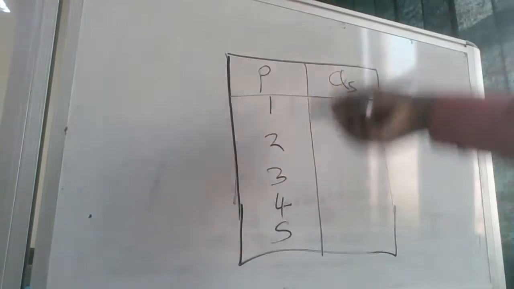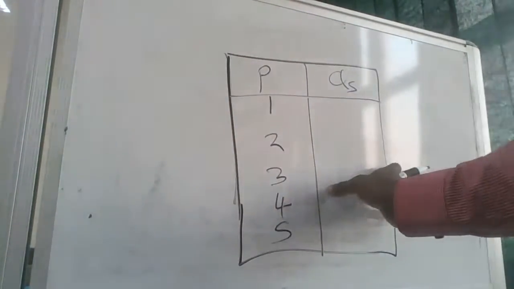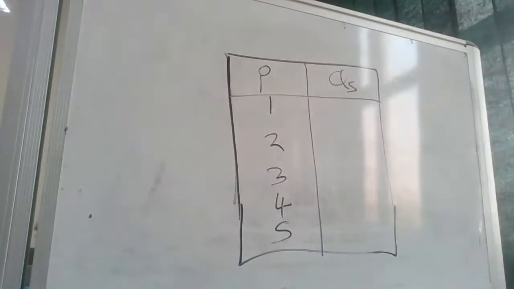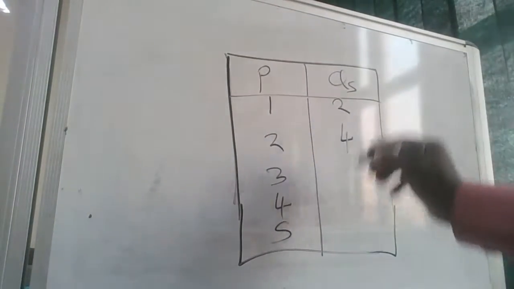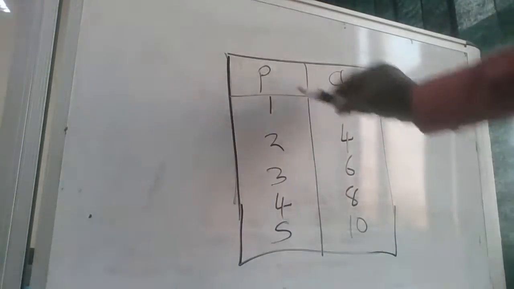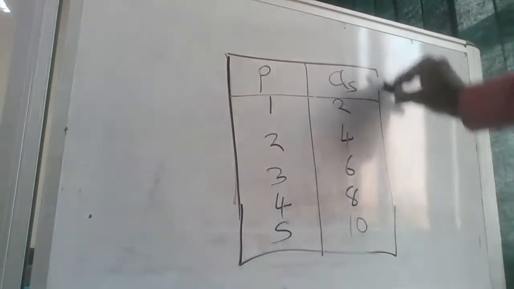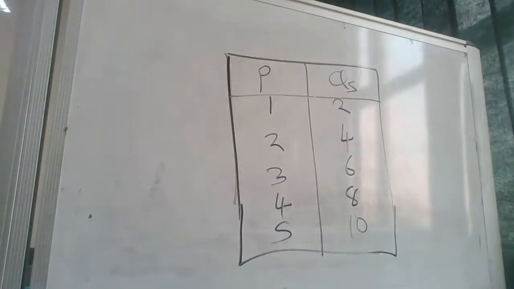Because we said that there is a positive relationship between price and quantity supplied, we can assume numbers, but this time around, numbers will be increasing as we are moving down. So we can start from 2, we can go to 4, 6, 8, and 10. You'll see that as the price is increasing, the quantity supplied of an item is also increasing, which shows that there is a positive relationship between the price and the quantity supplied of an item.